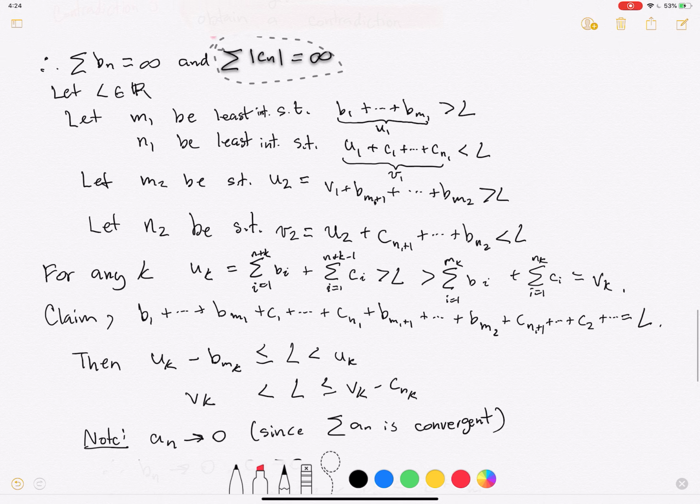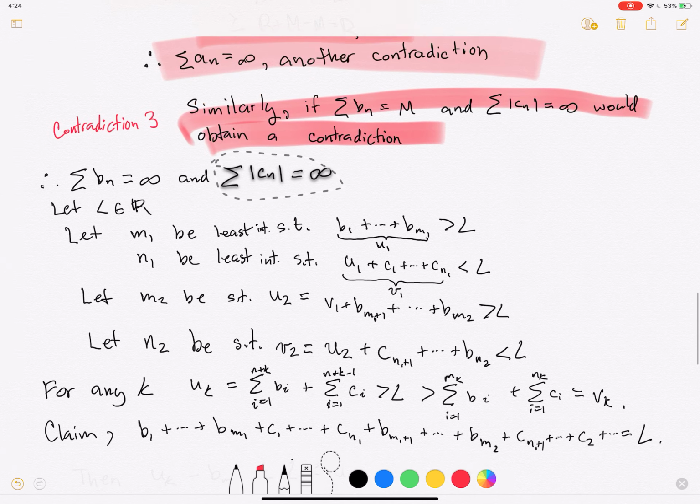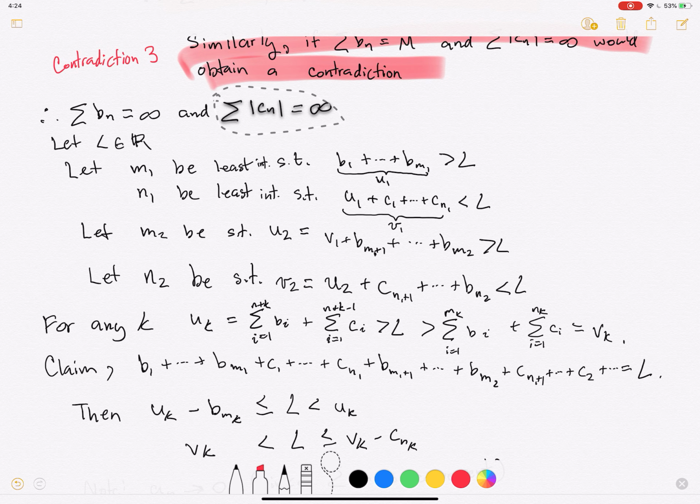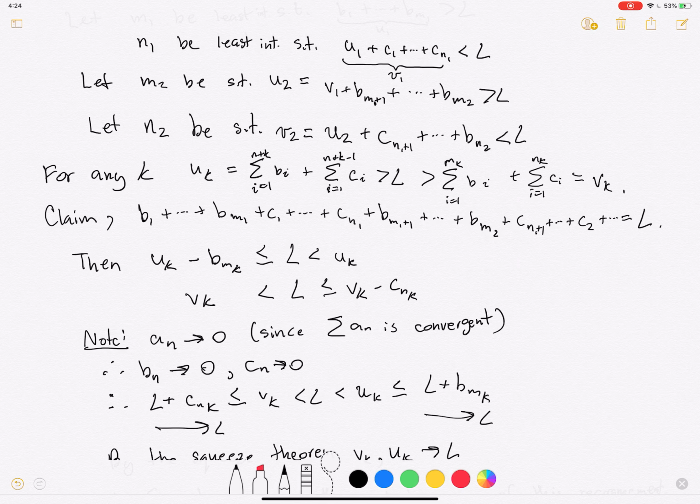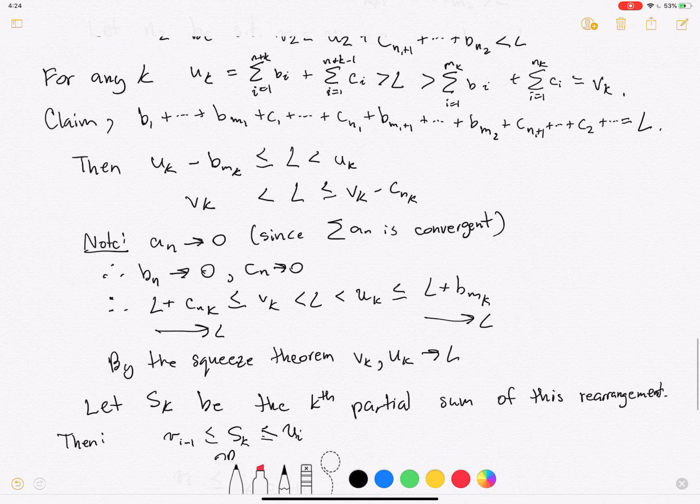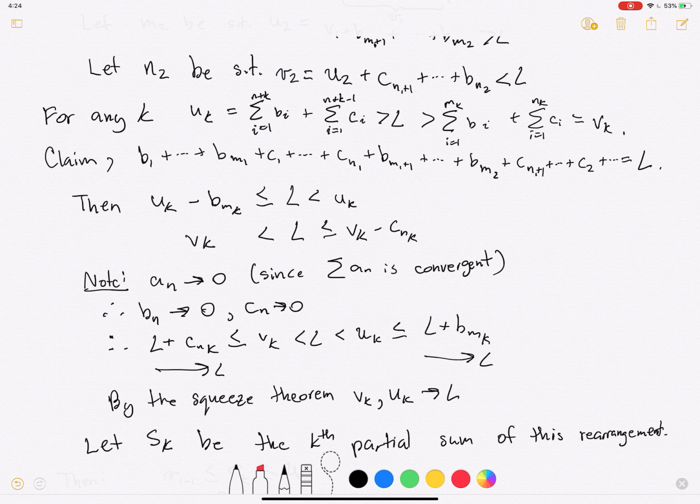Then we built up these indices M1, N1, M2, N2 to oscillate around L. U1 would be greater than L, V1 would be less than L, and then U2 would be something after all these B1s and C1s that is greater than L, and then V2 less than L. And you repeat this for all k, because it's an infinite sequence.